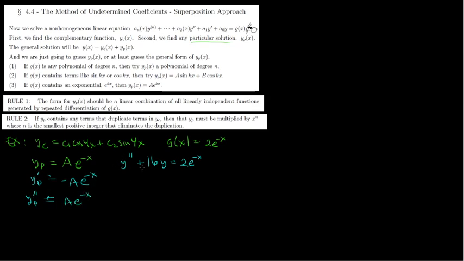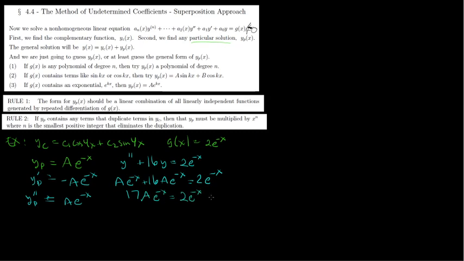So plugging that in here, we get a e to the negative x plus 16a e to the negative x equals 2 e to the negative x. So on the left side, it's really just 17a e to the negative x equals 2 e to the negative x.